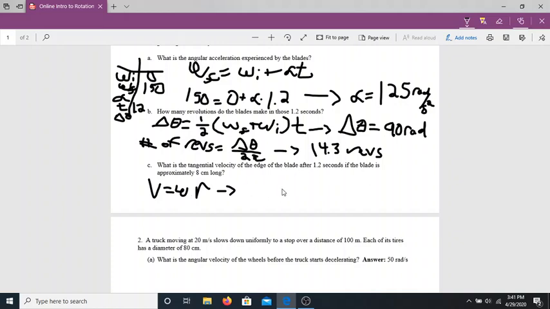I know the radius is 8 centimeters, because one edge of the blade is the point of rotation, and the other edge is the thing going around in the circle. So the linear velocity equals 150 radians per second times 0.08 meters, because remember, we want this in meters, not centimeters. When you multiply those two together, you get that the linear velocity, how fast something is moving at the edge of that blade, is 12 meters per second.